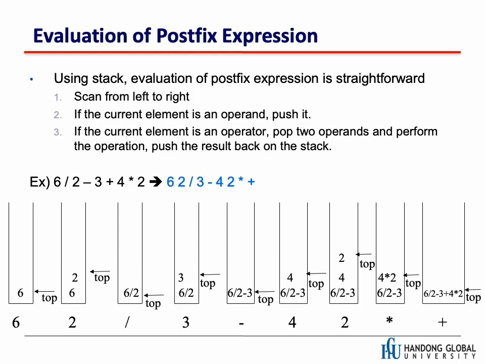So we pop 8 and 0. Okay, and then we apply this plus operator to 8 and 0. So now the result is 8, and we push 8 back to the stack. So now we are done. So in the stack we have only one number, which is the result of this evaluation. That's it.